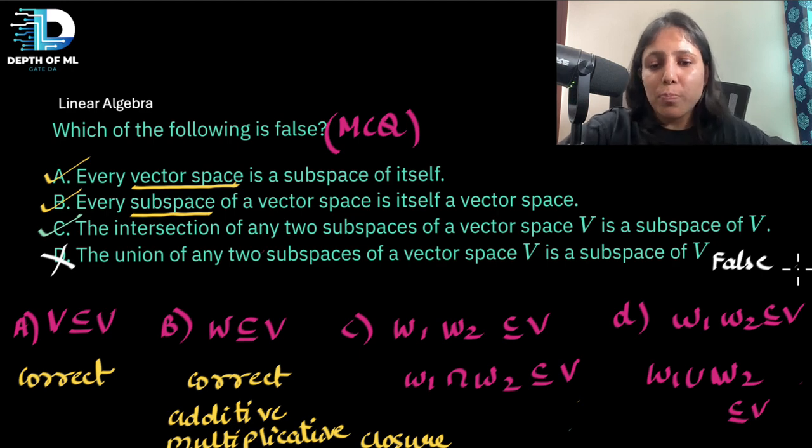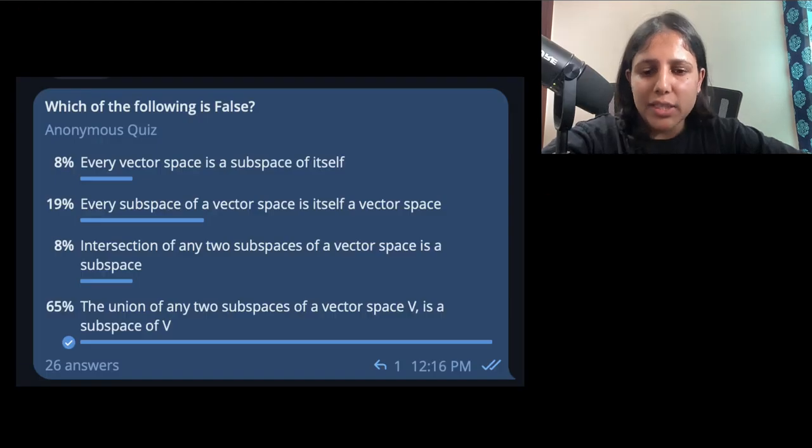Fine. So let's see how the students replied to this particular question. I had asked this question on the Telegram group that we have, the public Telegram group where we actually discuss a lot of things about the GATE DA.